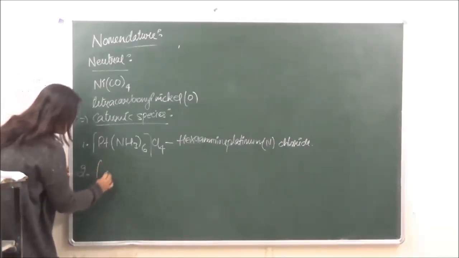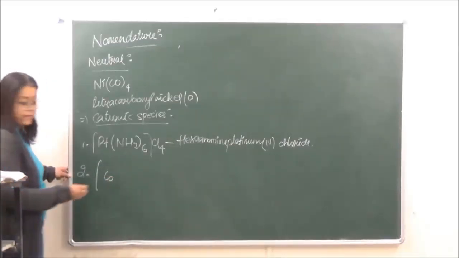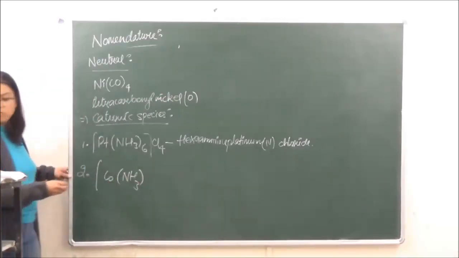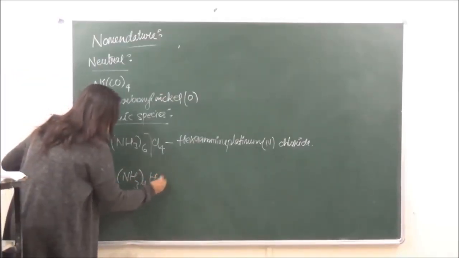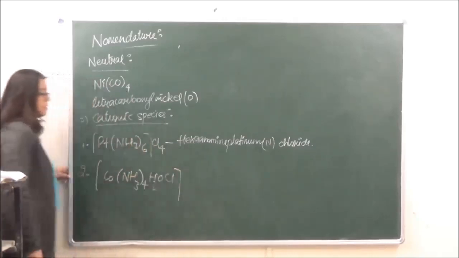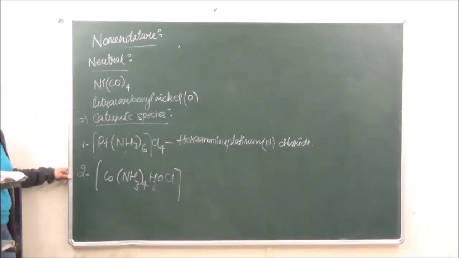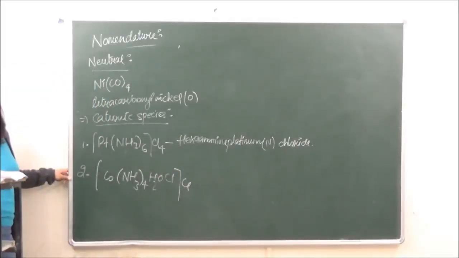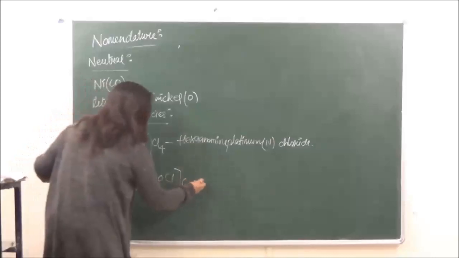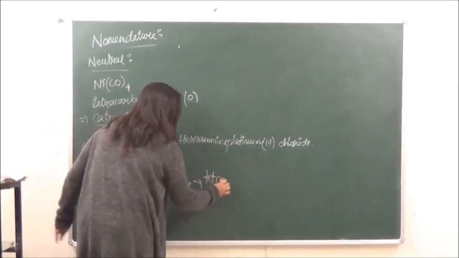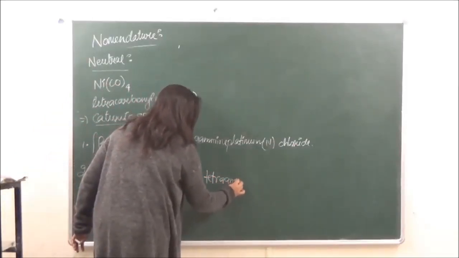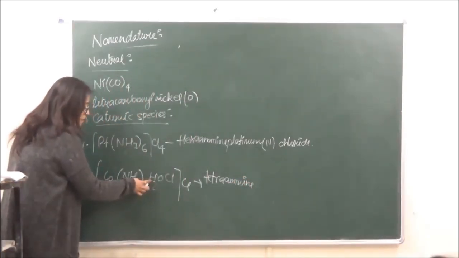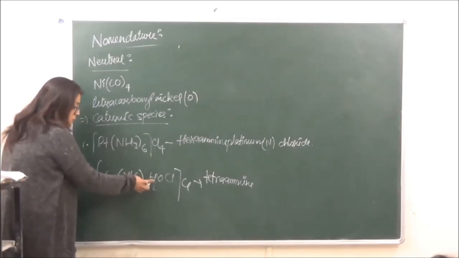Okay? Second, let's take an example. We have cobalt NH3 whole 4 H2O Cl, and we have the counter ion also as Cl. So how are we going to name this now? Let's name the ligands first. We have tetraamine and aqua.